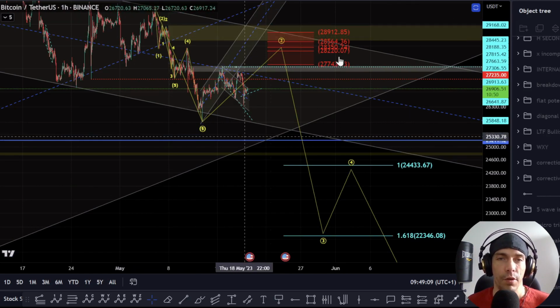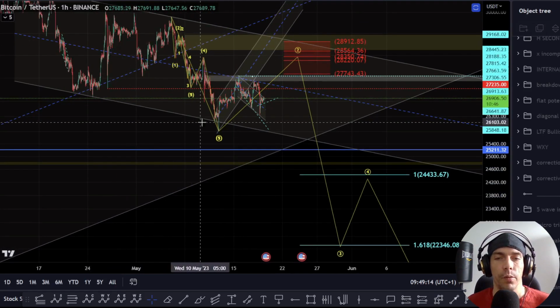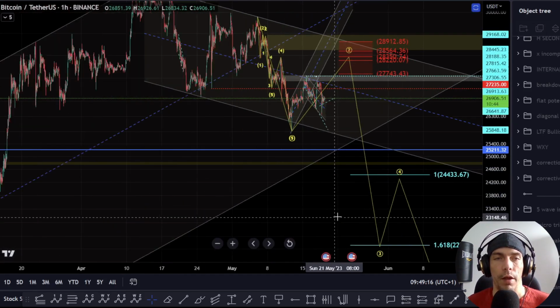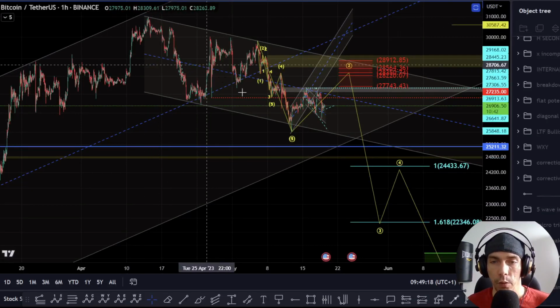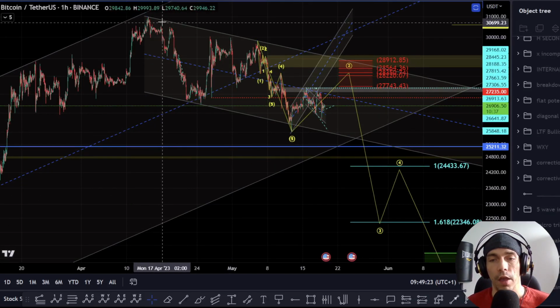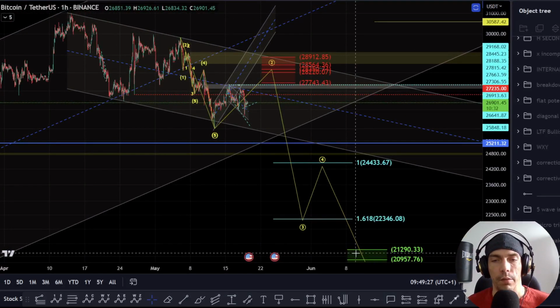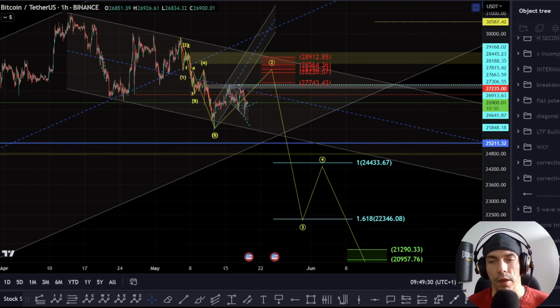If we do start to break down in a bigger way like this, we'd have to be cautious, because this would be tying us up for that potential of actually forming a 5-wave move off this high. And if we form a 5-wave move from this high, that would make me inclined to think that we are going to see a bigger correction from that point, where we see this as a 5-wave structure down, a 3-wave move to the upside, and then continuation to the downside.